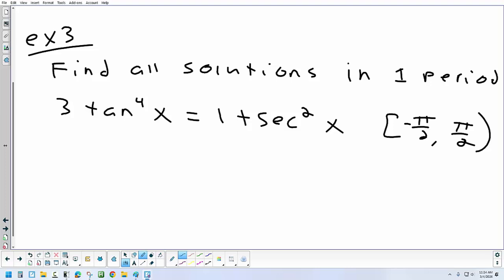Yes? Set it equal to 0. Right, set it equal to 0. So we got to get everything on one side. Let's put everything on the left. So 3 tangent to the 4th x minus secant squared x minus 1 equals 0. Now, does that look like the exact format you need to use a quadratic formula or to factor?